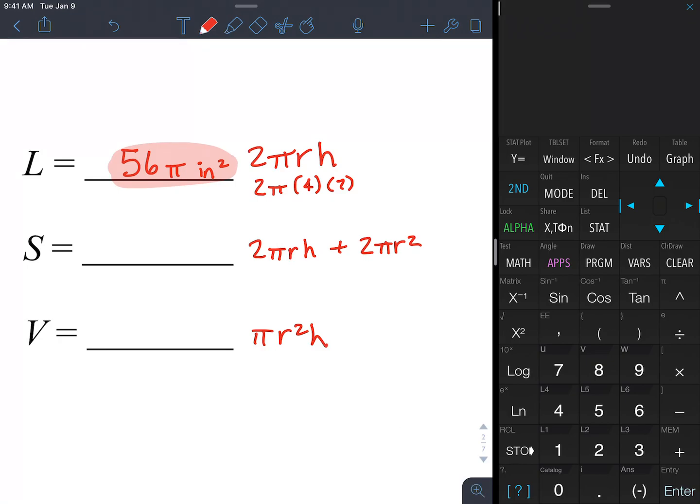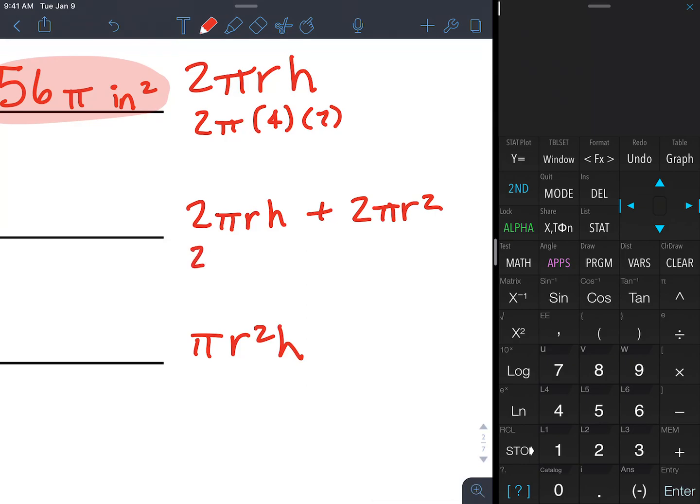Okay, that was lateral surface area. Now we will do the total surface area. So plugging in the same things here, 2 pi r, so 2 times 4 times 7. Sorry, that 7 looks really bad there. Okay, and then 2 pi, and then r squared. R was 4 again.